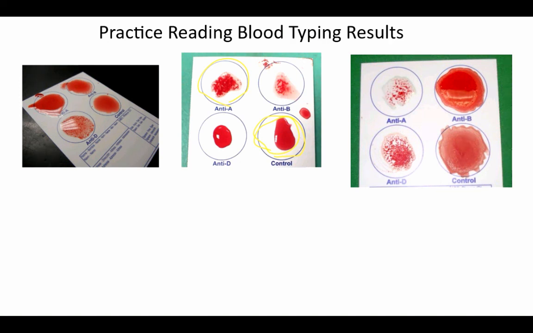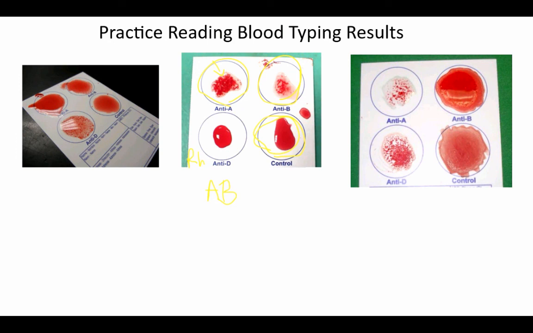If you see clumping, which we see here, when you add antisera to the A antigen, or antibodies to the A antigen, is another way of saying it, then you know this person has the A antigen. You have a separate blood drop that you mix with antibodies against the B antigen. You see clumping, so they have both the A and the B. And then, right, if you compare this, the anti-D, D again is the same as Rh, right? There's no clumping here, at least in comparison.